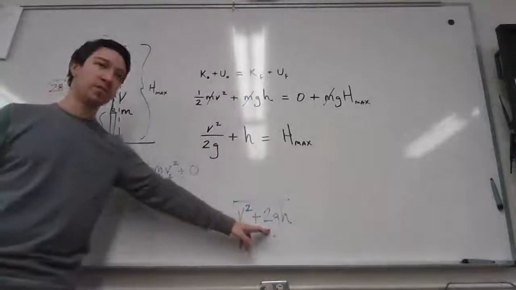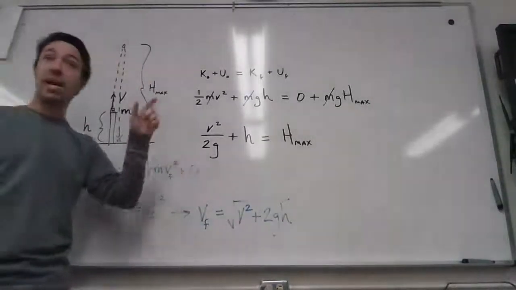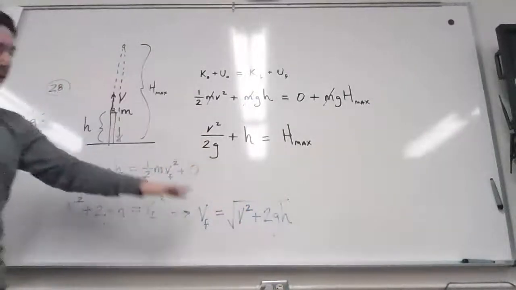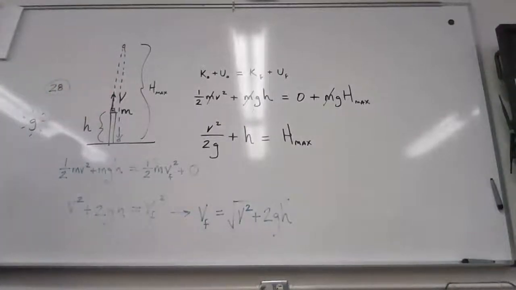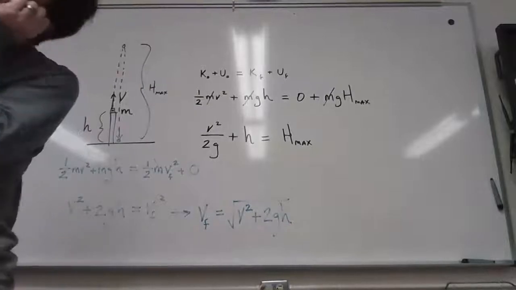Square root of 2gh, where h is the height of the building. But if you shoot the ball up or down, and direction doesn't really matter here, you get this weird v squared added on inside the radical. That's kind of strange, isn't it?